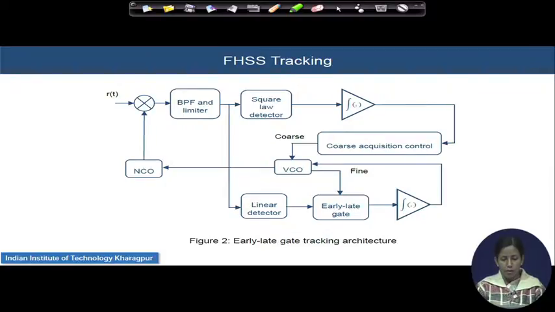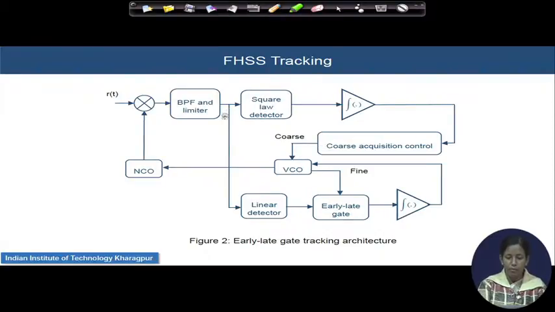Look, for our code acquisition, what we understood is, if it is a serial acquisition FHSS technique, there is a locally generated voltage control oscillator driving your NCO, and locally the correlator is an active correlator, and serial search is going on. Suppose this coarse acquisition control has acquired the coarse alignment between the received signal and the locally generated one, and that will be fed inside the coarse tracking.